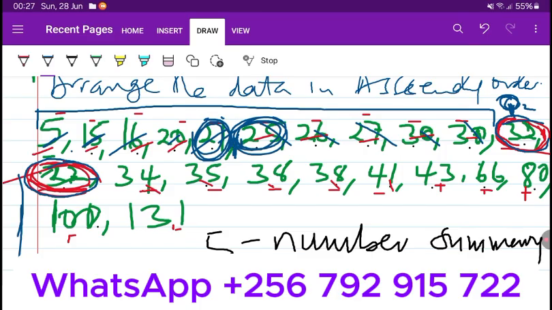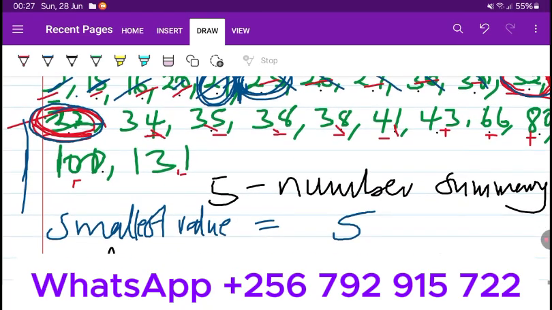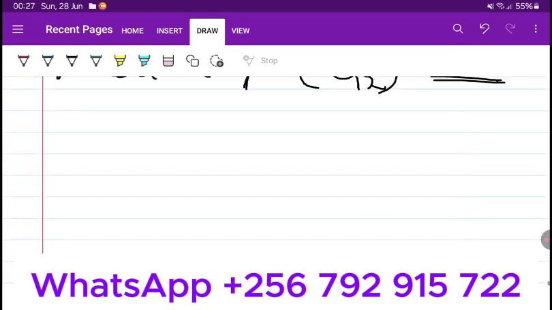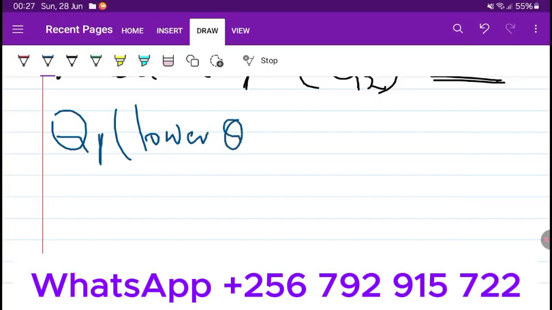So we go and compute the Q1. We say that for Q1, or the lower quartile, this is a quartile, it's not a limit, it's a lower quartile, it's also going to be those two values.